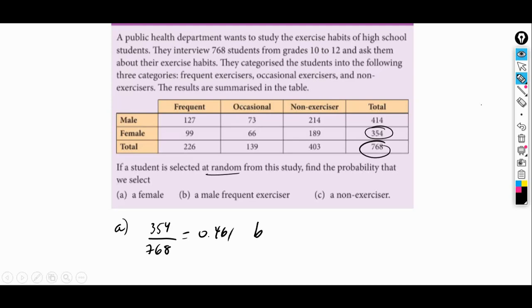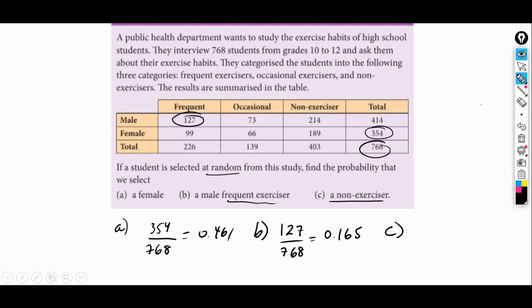For part B, a male frequent exerciser. So male and frequent exerciser would be 127 out of the total 768. And if we do the division here, it's going to give us 0.165.